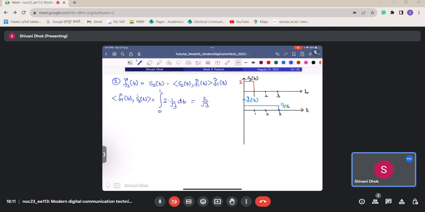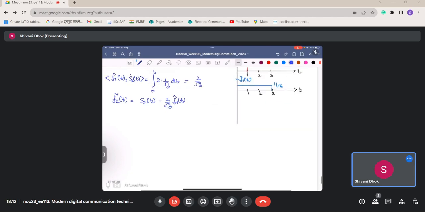And so now what we need to do is, we have f2 tilde t is equal to s2t minus 2 by root 3 into f1 hat of t. So let us draw, this is t.